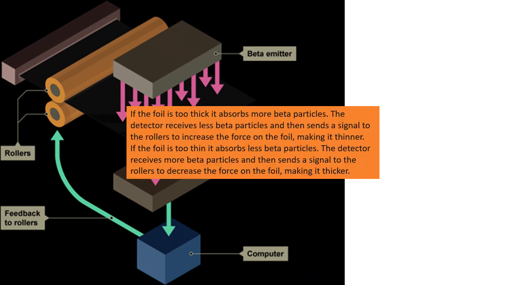If the foil is too thick, it absorbs more beta particles. The detector receives less beta particles and then sends a signal to the rollers to increase the force on the foil, making it thinner. If the foil is too thin, it absorbs less beta particles. The detector receives more beta particles and then sends a signal to the rollers to decrease the force on the foil, making it thicker.